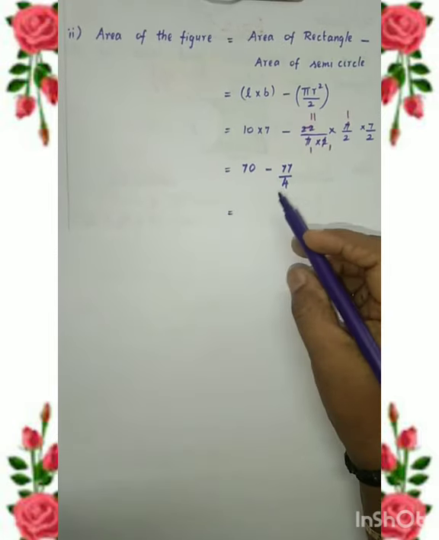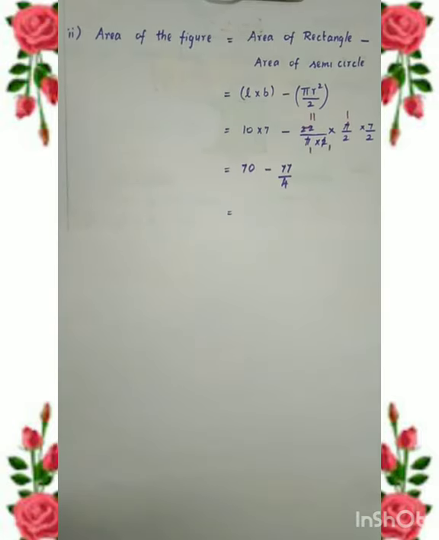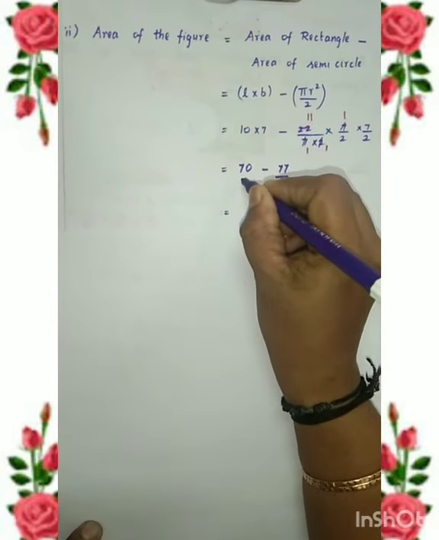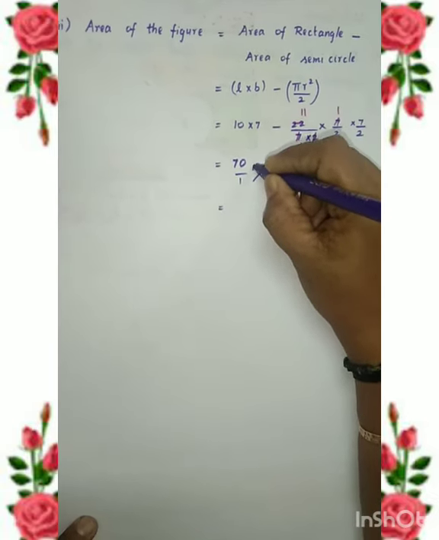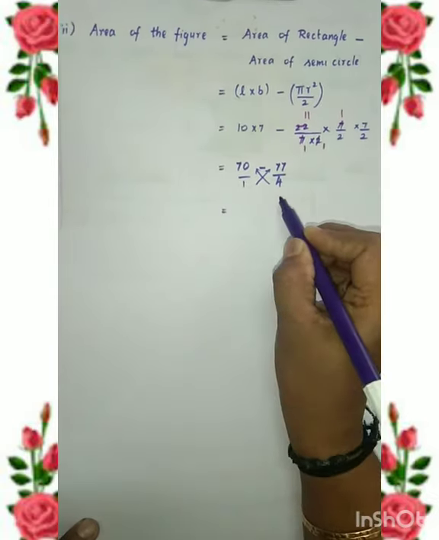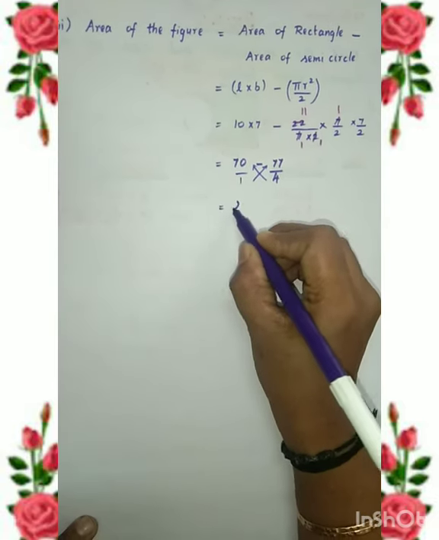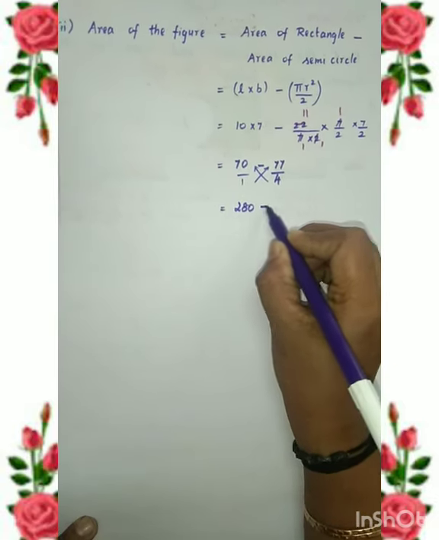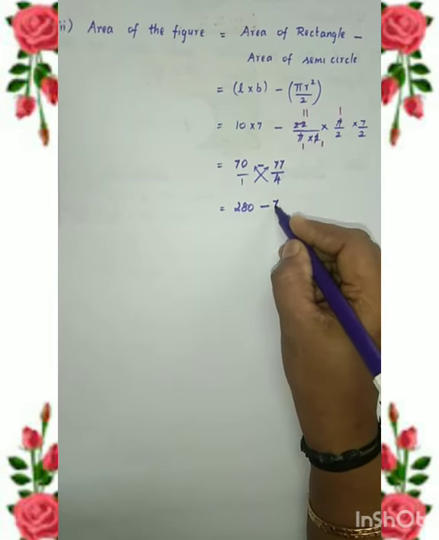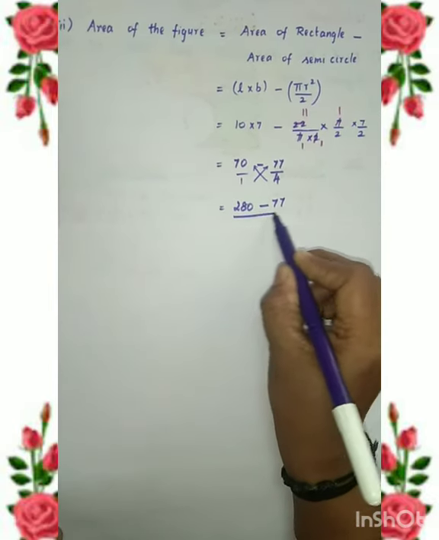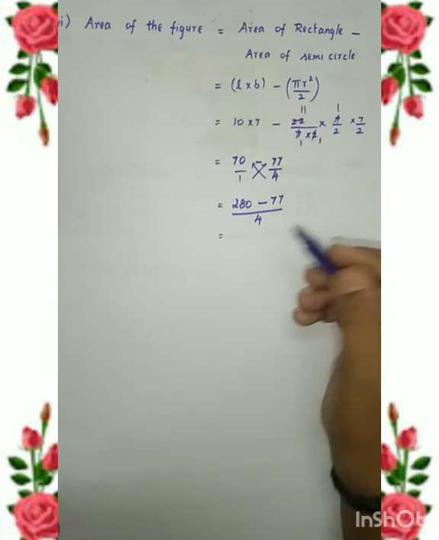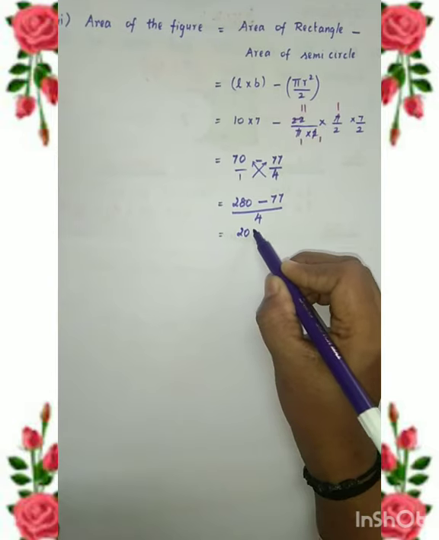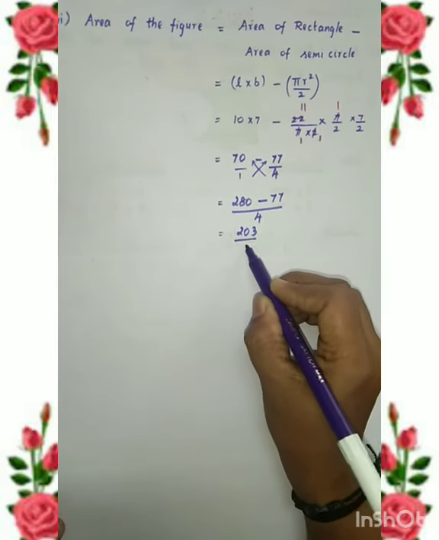Now we are going to take the LCM. The denominator will be 1. So we can cross multiply these two. That is 70 into 4 is 280, minus 77 ones are 77, and the whole divided by 4. 280 minus 77 is 203 by 4.